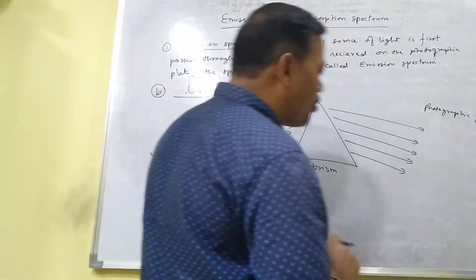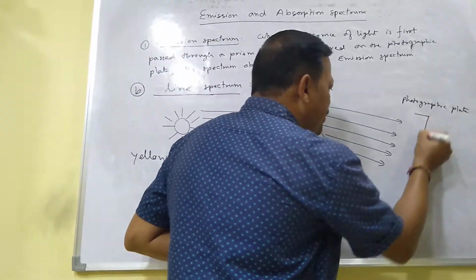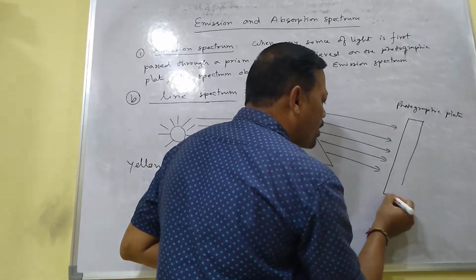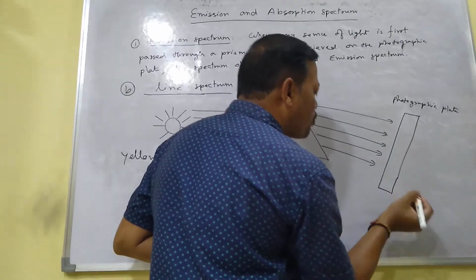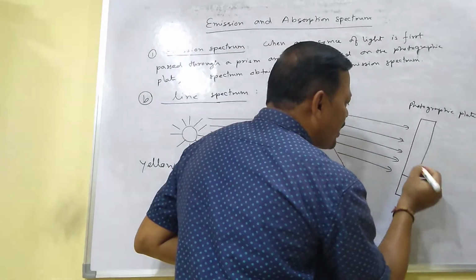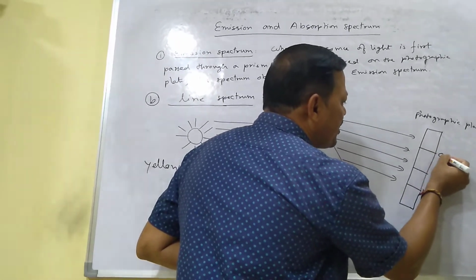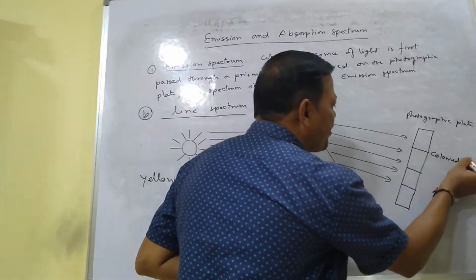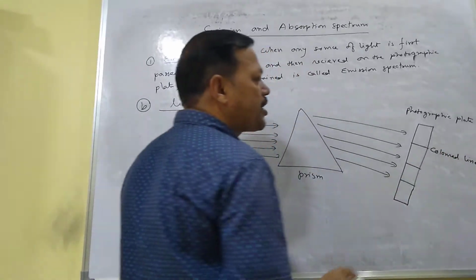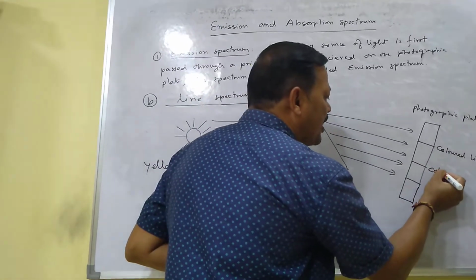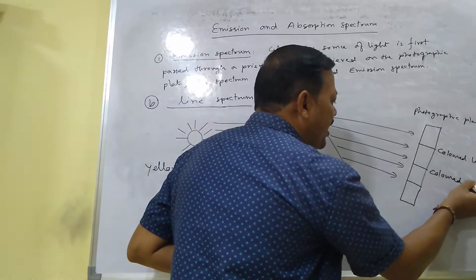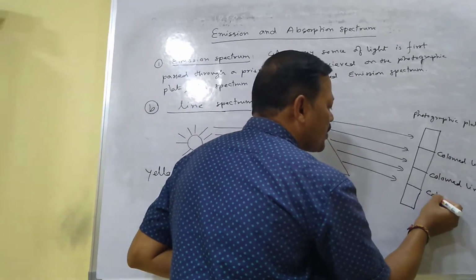Instead, in the photographic plate you can see some colored lines like this. These are colored lines. That's why the spectrum is called the line spectrum.